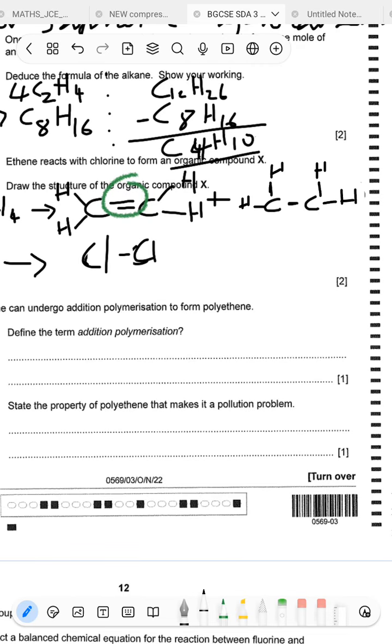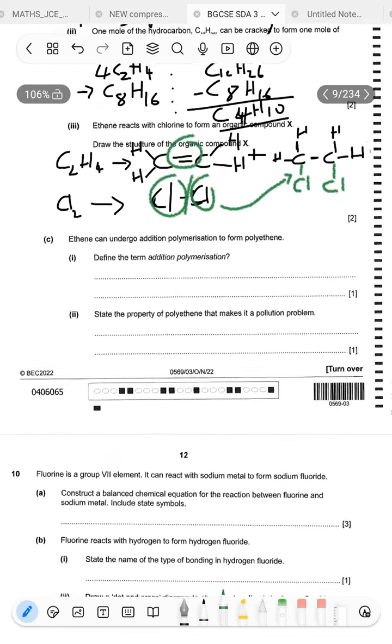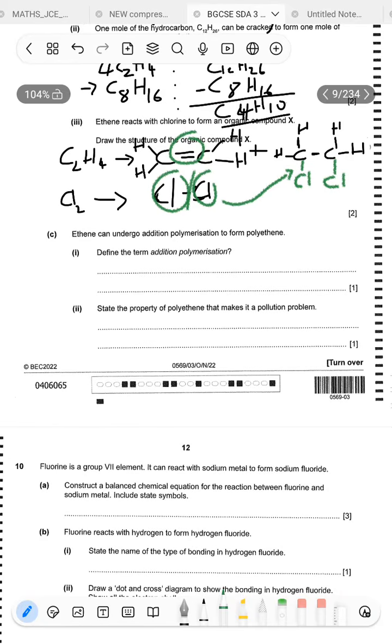We had how many hydrogens? 4 hydrogens. And then these chlorines here, okay, they break under the influence of light, and then they bond into that extra space that was created. So this becomes Cl, that is Cl. Okay, so the question asked us to draw the structure of the compound X. So you're just going to draw what this here. This is just the explanation.